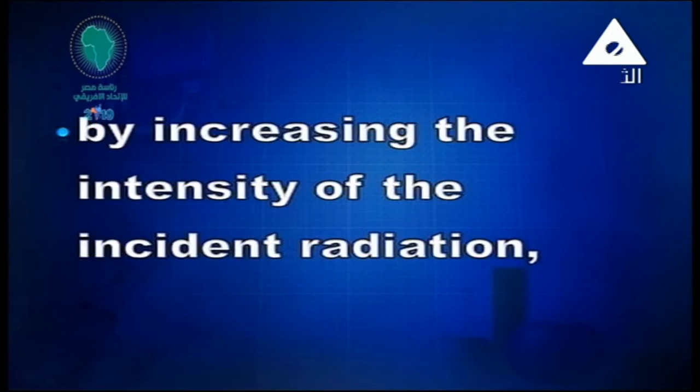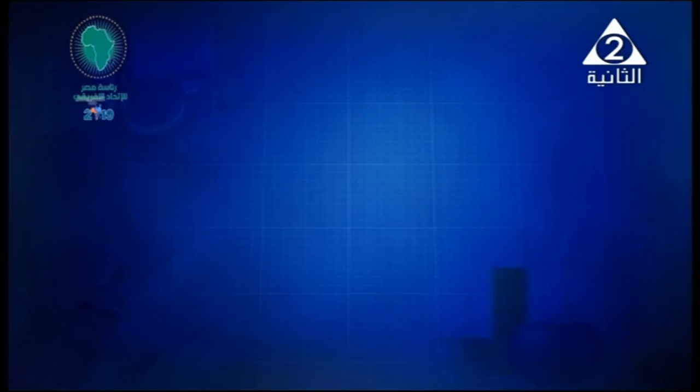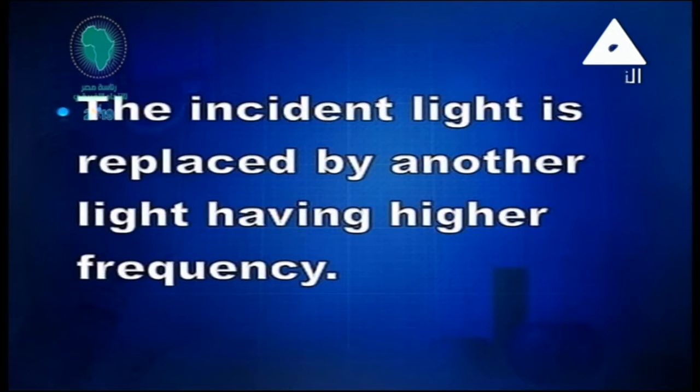First of all, by increasing the intensity of the incident radiation, we'll increase the number of emitted electrons. To increase kinetic energy, we have to replace the light with another one having higher frequency. Okay, thank you very much.